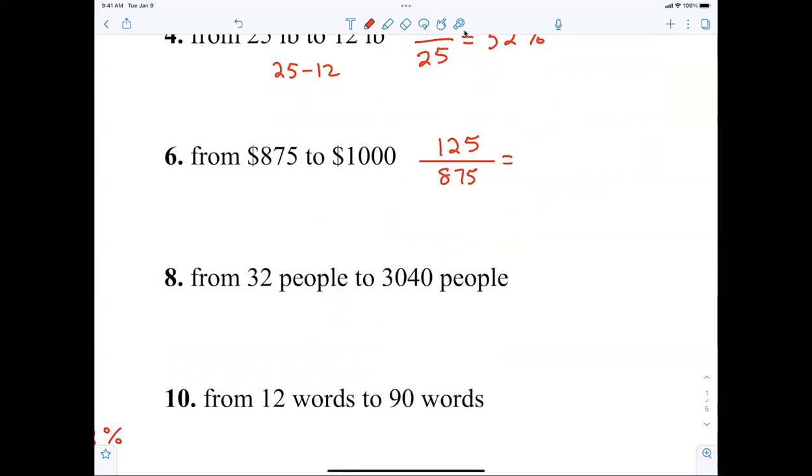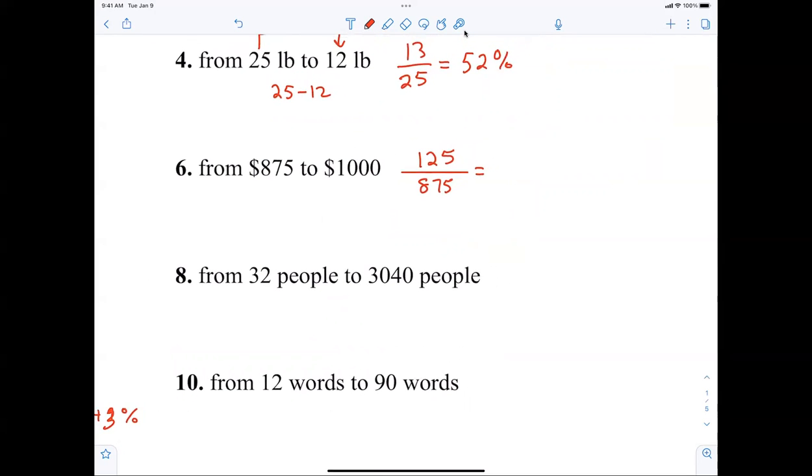And what does that come out to be? 14.286%. Now, again, everybody's doing that on the calculator. Everybody on your paper has this written down, and then you can just tell me the percentage.